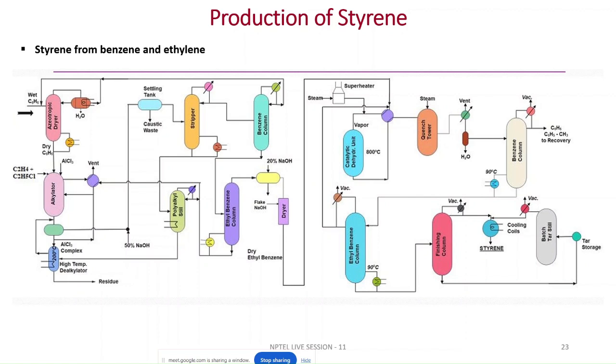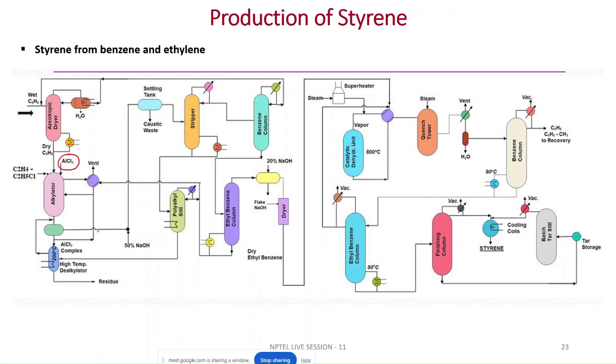In this process, we can see some wet benzene. We first have to dry it over an azeotropic dryer. After drying, it is sent to the alkylation reactor. The first reaction is the alkylation of benzene, so we give the benzene here, and we also put in ethylene and ethyl chloride. In the alkylation reactor, we also put in the catalyst. From the alkylation reactor, we get ethylbenzene.